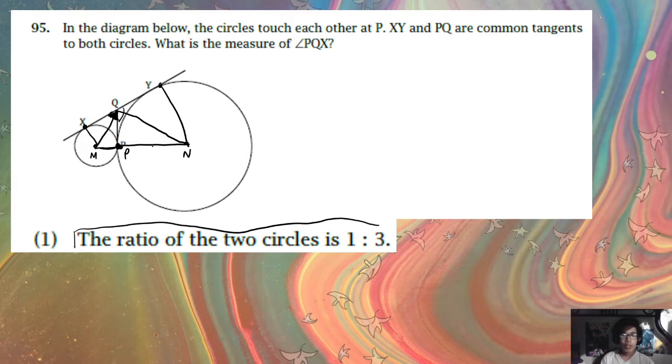We know in circles, when we have tangent lines that intersect with one point on the circumference of the circle, we create right triangles.